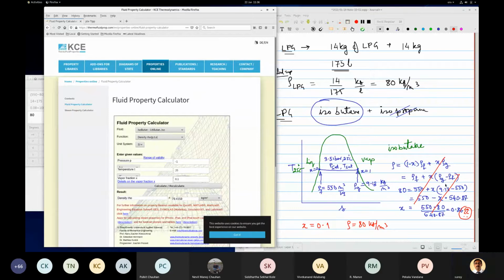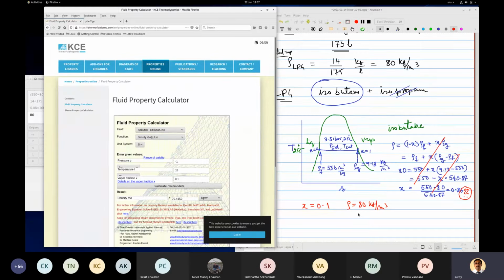Oh, I know what mistake I did. Okay, anyway, so X equal to 0.1, right? And so let us see if X equal to 0.1.